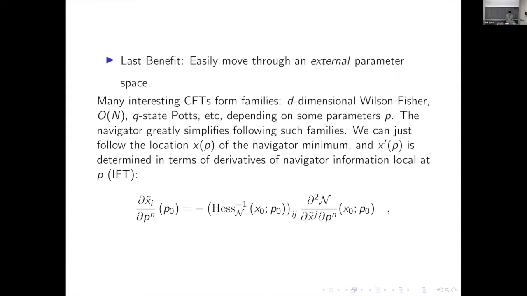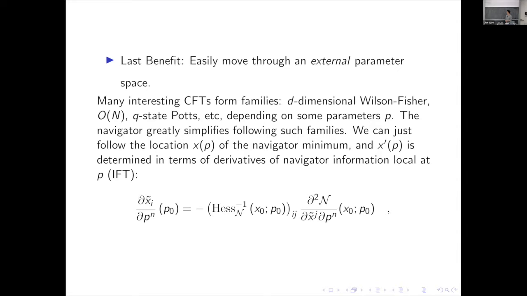And the last benefit is that we're often going to be interested in families of CFTs. For example, the Q-state Potts model we talked about last week. It could be the O(N) models or the d-dimensional Ising models. And the navigator function should help us flow also in this space of external parameters.